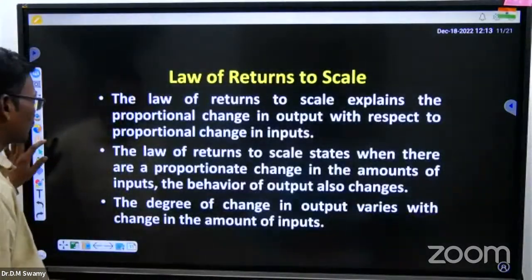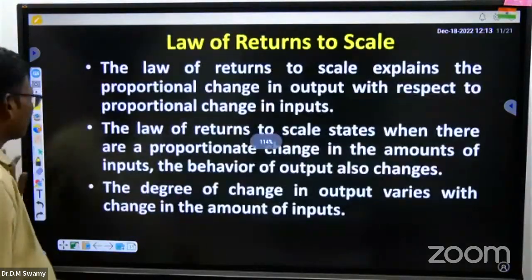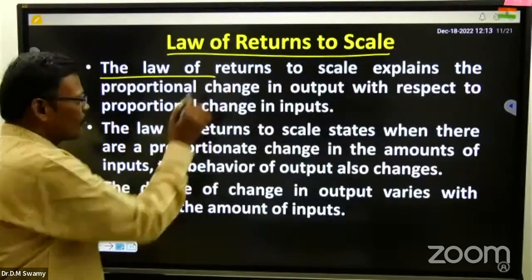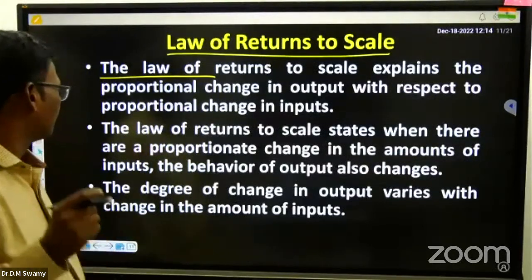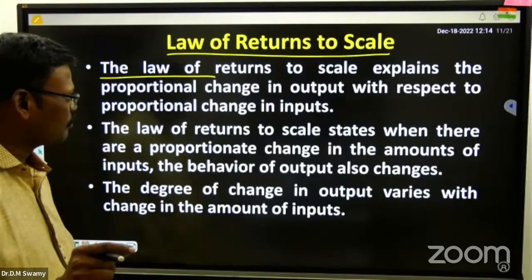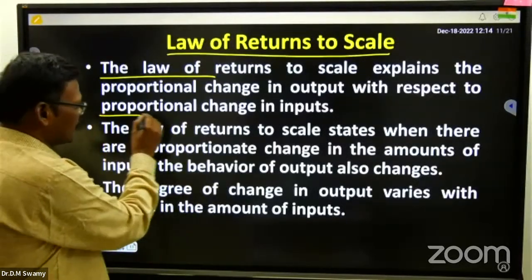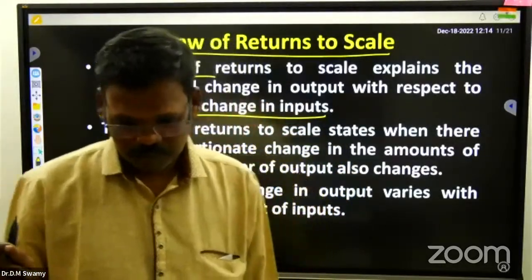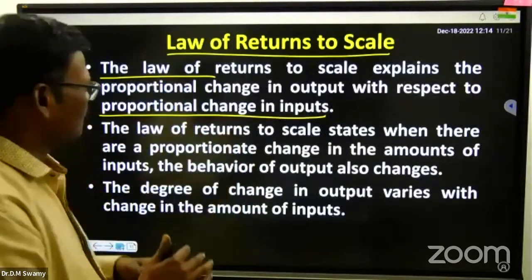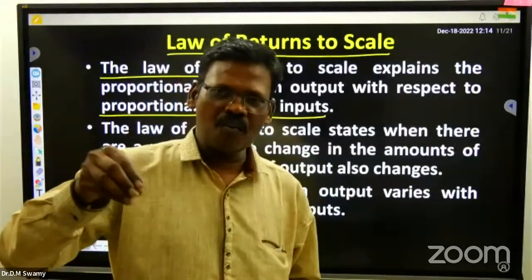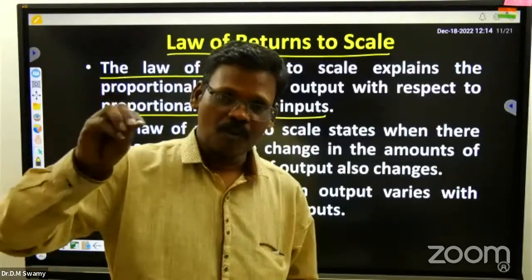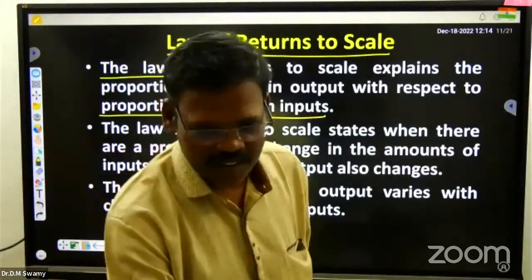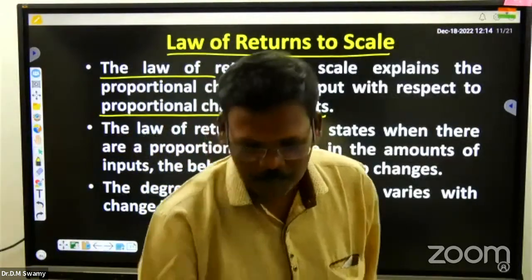Okay, the law of returns to scale is nothing but the explanation of the proportional change in output with respect to proportional changes in all inputs. Because in the long run, all factors of production are variable. Please remember that all factors of production are variable.